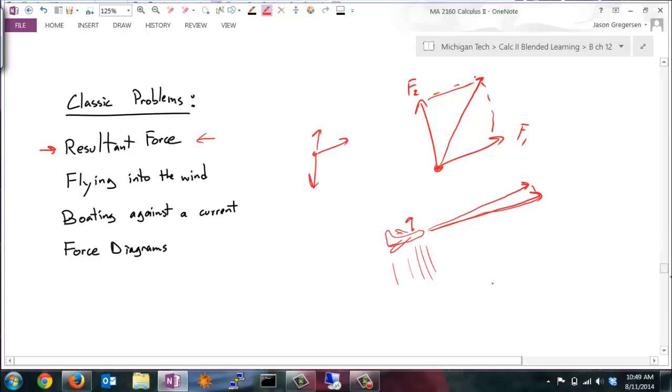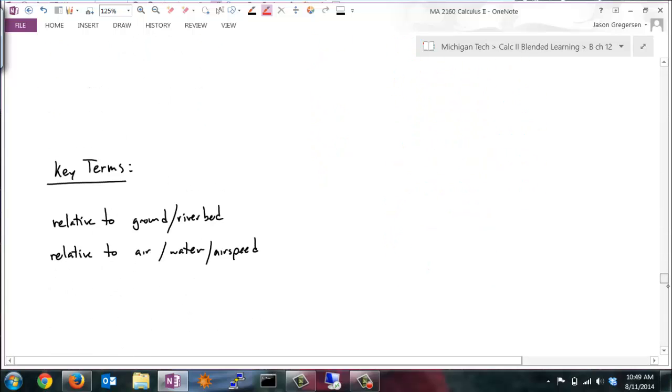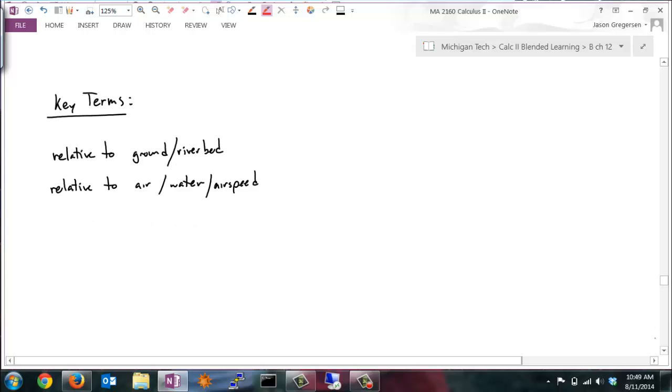All right. So most of the time, the problem with these applications is the terminology. So you'll hear things like this: the force or the velocity relative to the ground, relative to the riverbed, relative to the air, relative to the water, all this kind of stuff. And this tends to be the most complicated piece.